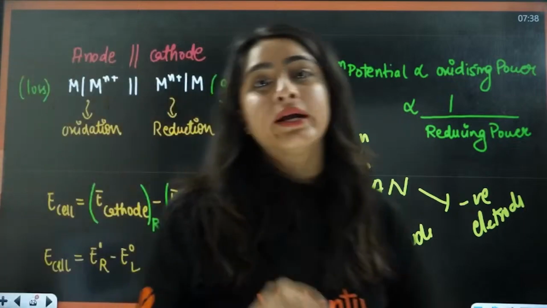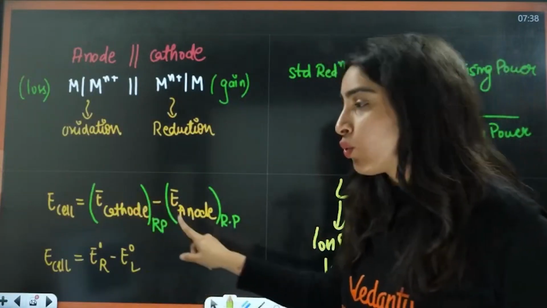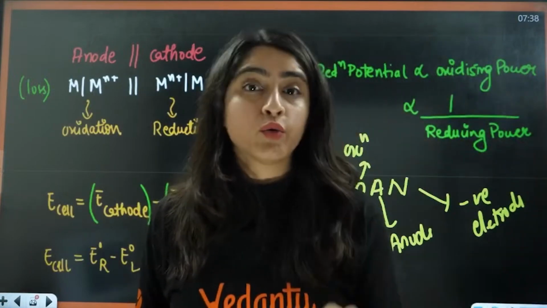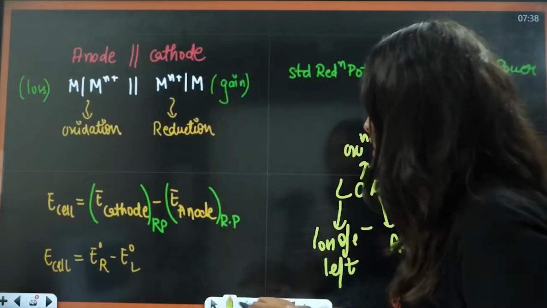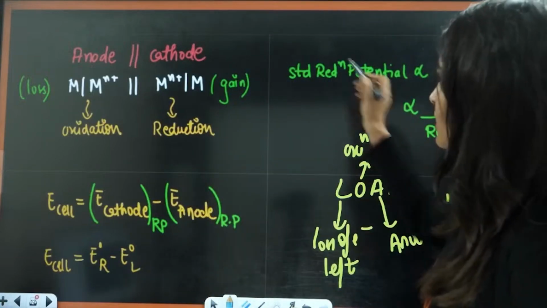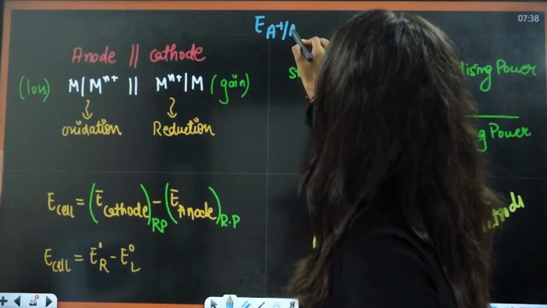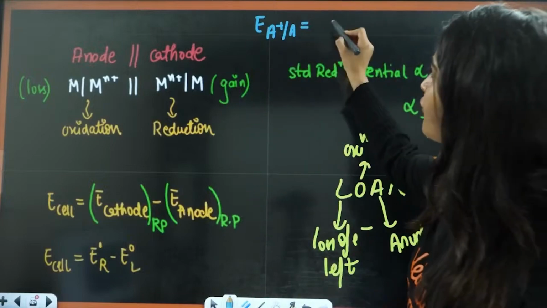Next is how to calculate E naught cell. E naught cell is equal to E cathode minus E anode. Now this cathode and anode values are both reduction potentials, not oxidation potentials. Now how do we know whether it is a reduction potential or an oxidation potential? If you have A positive to A, this is your reduction potential, this is gain of electrons.